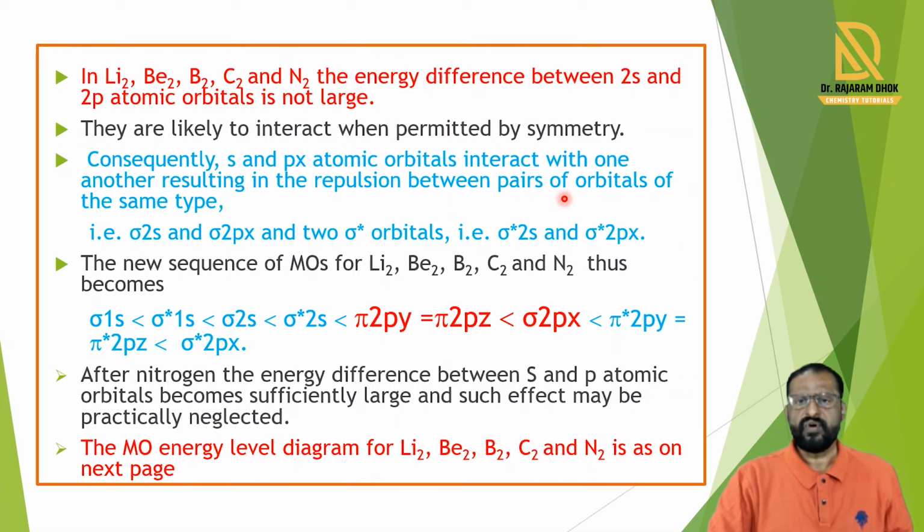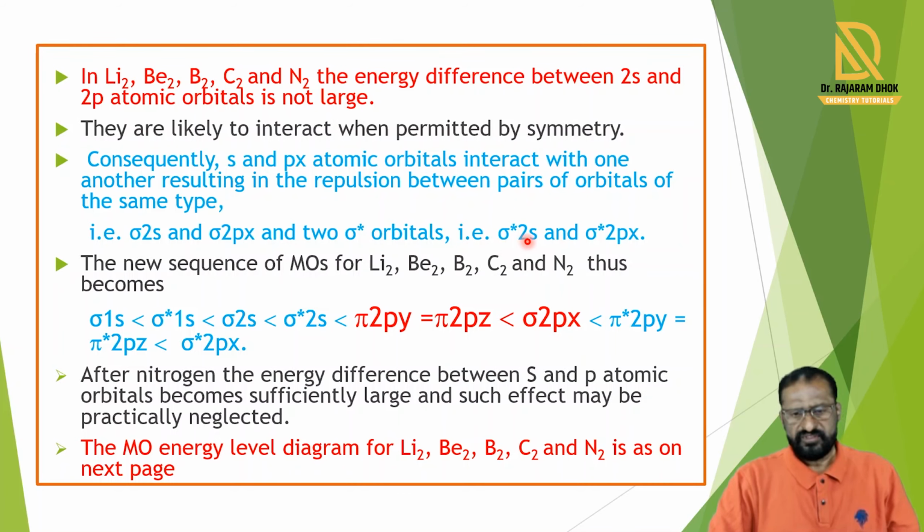Means when one atom's s orbital and second atom's px orbital combine with each other, interact with each other, then the molecular orbitals form, that is sigma 2s, sigma 2px and sigma star orbitals.